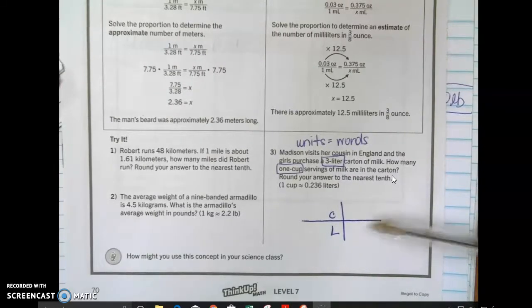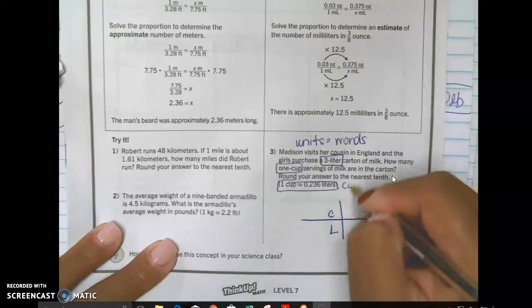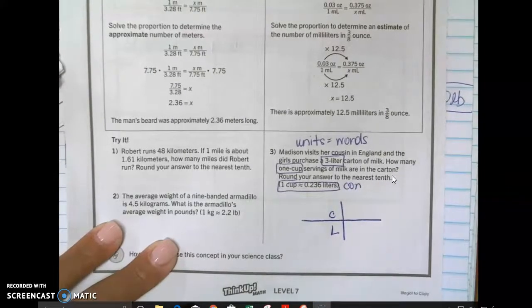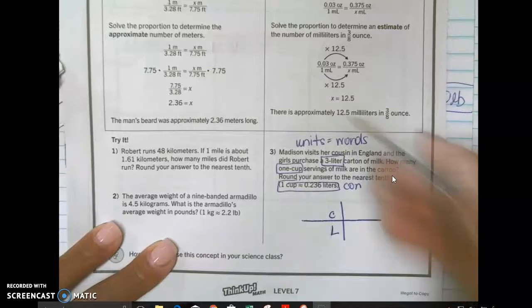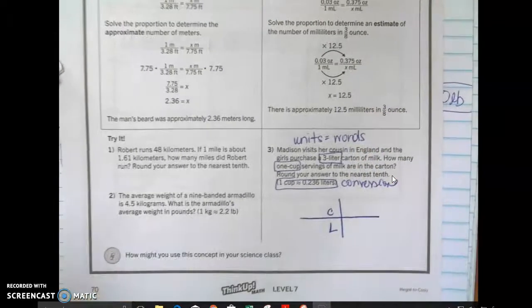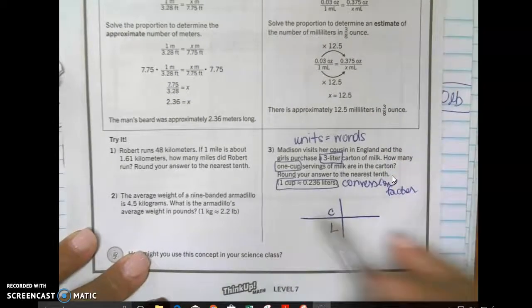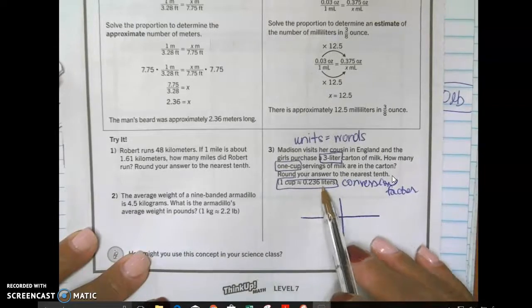Okay. Here's my conversion factor. My conversion factor is the factor in which I'm converting. So I have 1 cup is 0.236 liters.